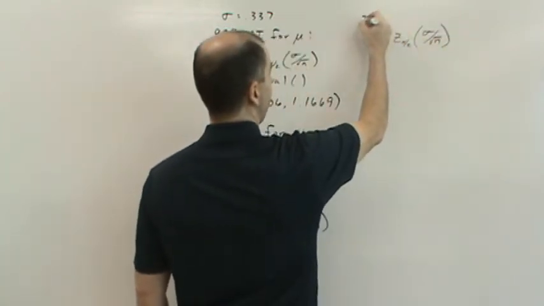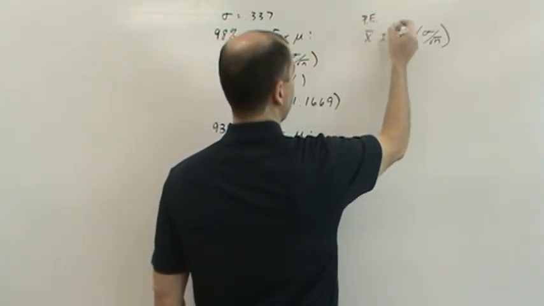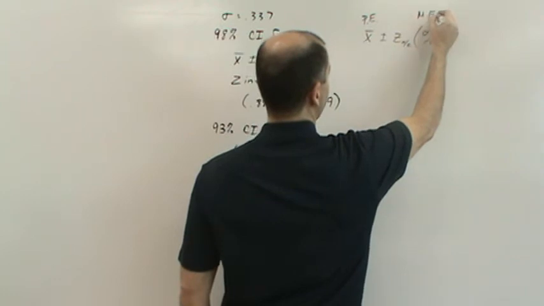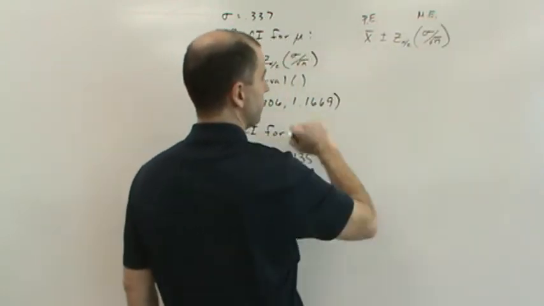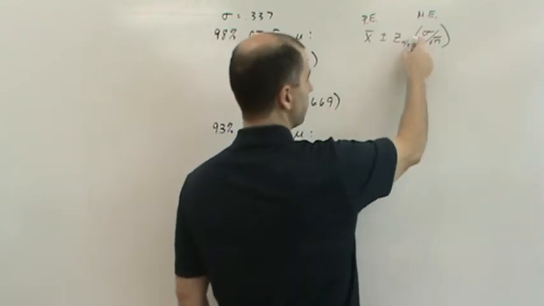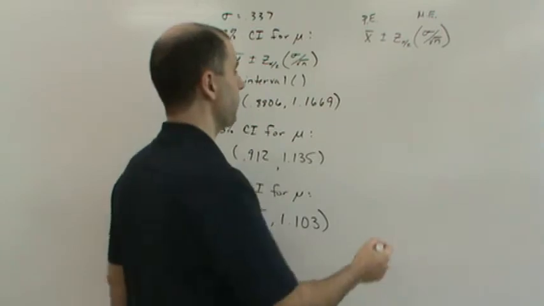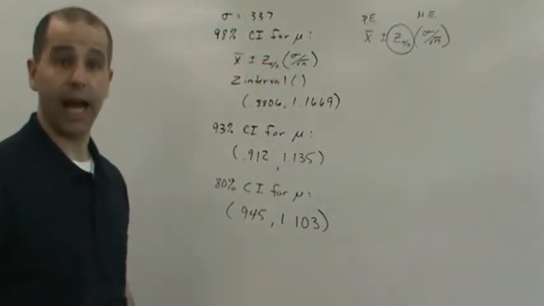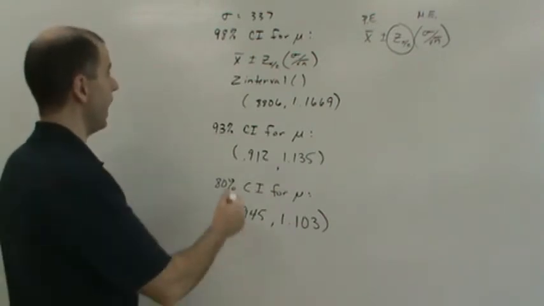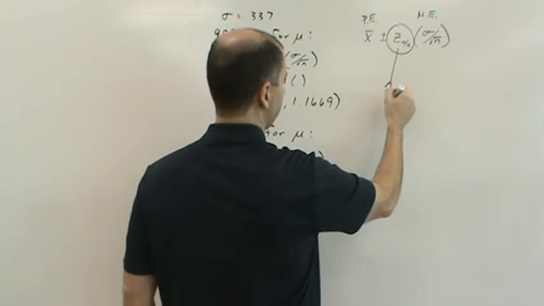This is our point estimate, and this is our margin of error. And this stayed the same. Sigma doesn't change. The sample size isn't changing. The only thing that's changing is this piece. What controls that? The confidence level determines the critical value.